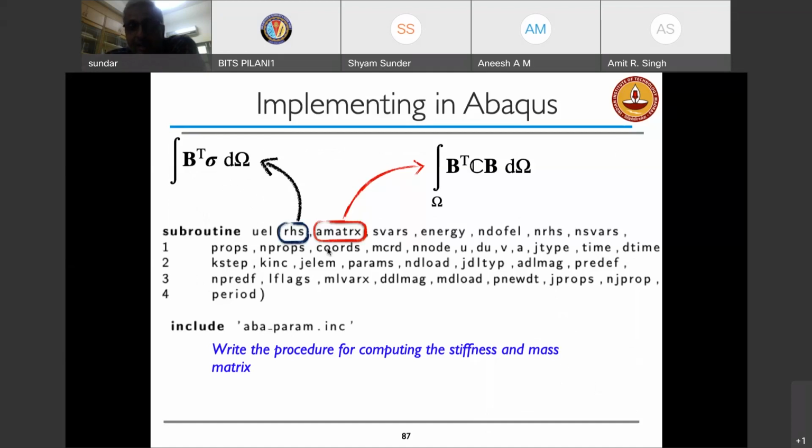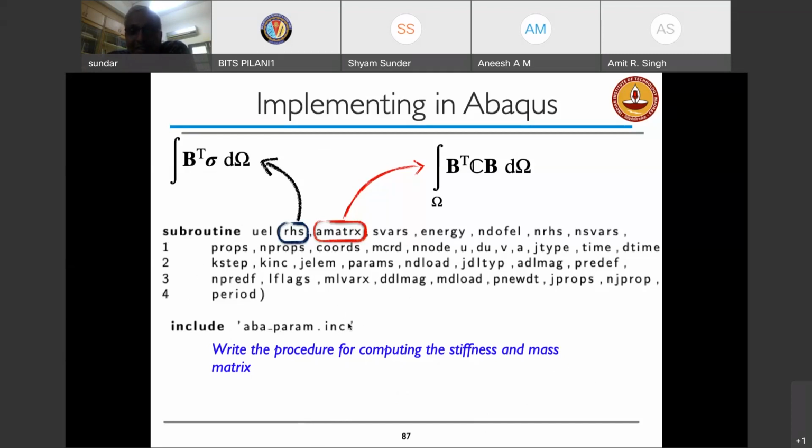In the user element, there is a standard way by which you can do it. You cannot change the first part of the user element, which is what Abaqus can understand. But what you can do is write within the subroutine. Again, the Abaqus user element subroutine is in Fortran. So this is the function call for the user element.